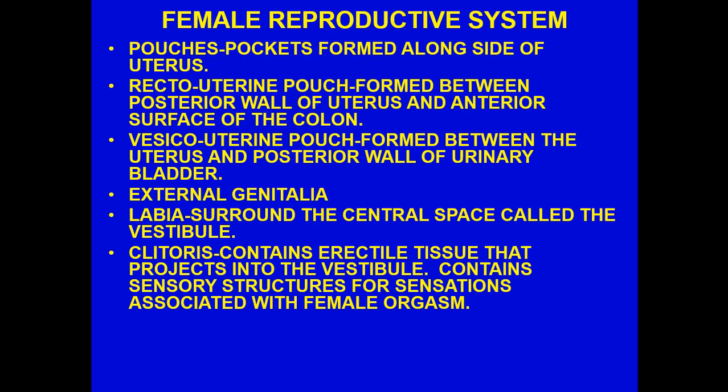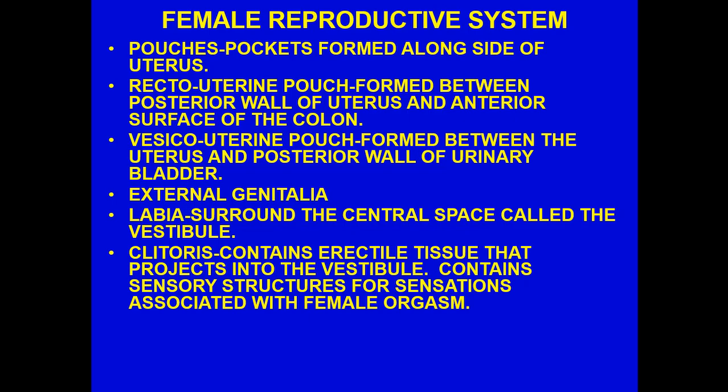Now, if you look at the anatomy from a side view, we're going to find these pockets that are formed alongside of the uterus. This is because we're down in the abdominopelvic cavity. We have some of the structures there that have to be held without shifting greatly from one side to another.